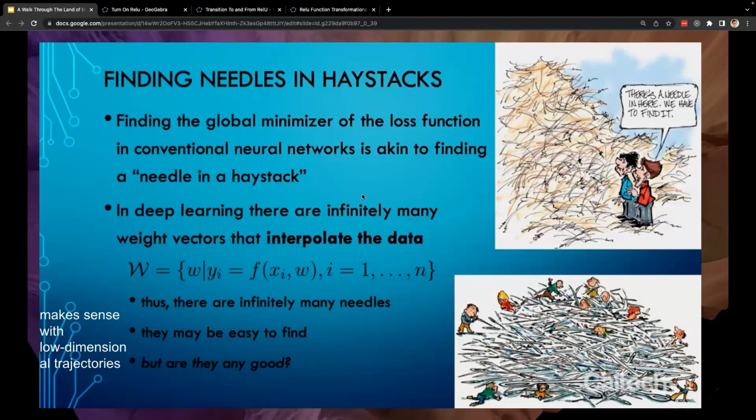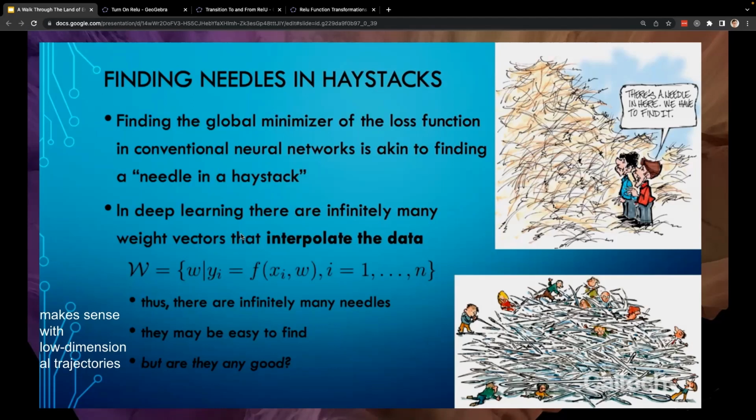One of the reasons they were talking about in this talk was that we've gone from finding a needle in a haystack, trying to find this one optimal point we've been looking for, to, since we've parameterized it so much, a haystack full of needles instead. You can find a minima super easily, no problem.